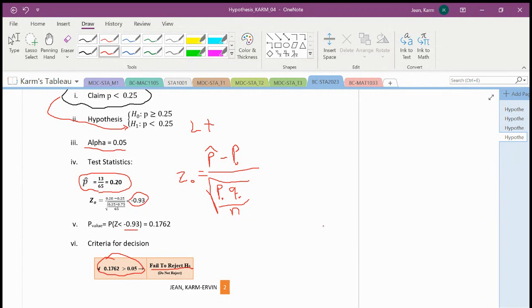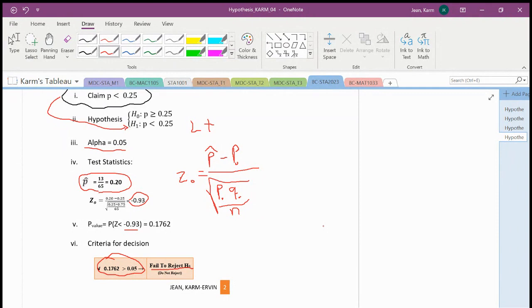Again, what will be the conclusion? There's not evidence for what exactly? To reject or not to reject? There's not enough evidence to support the claim. See?